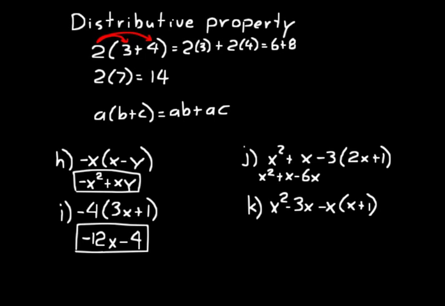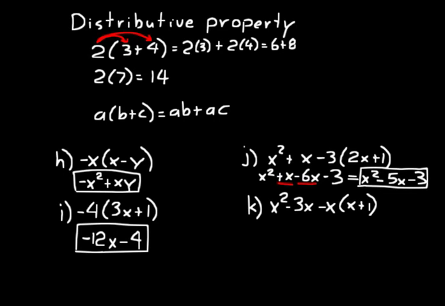And then minus 3 times a positive 1 would be a minus 3. Now notice here we have like terms, a plus x and a minus 6x. So we need to add those together. We haven't simplified this completely until we do that. X squared minus 5x minus 3. That's the simplified form of that expression.